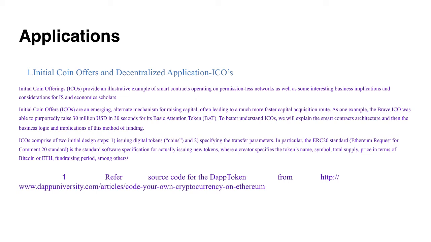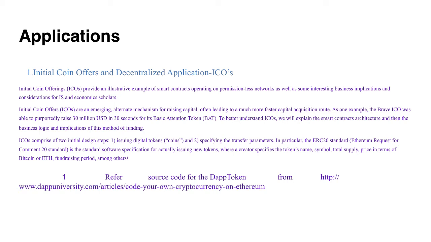So ICOs comprise two initial design steps: issuing digital tokens and specifying the transfer parameters for these digital tokens. In particular with Ethereum, the ERC20 standard, Ethereum Request for Comment 20, is a standard software specification for issuing new tokens.